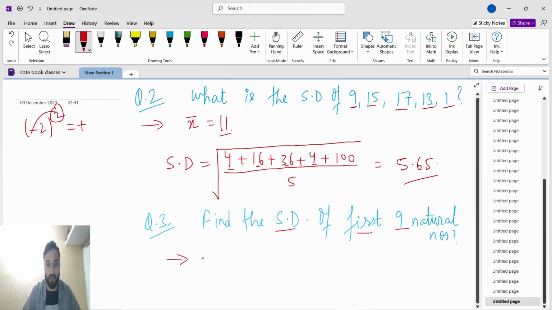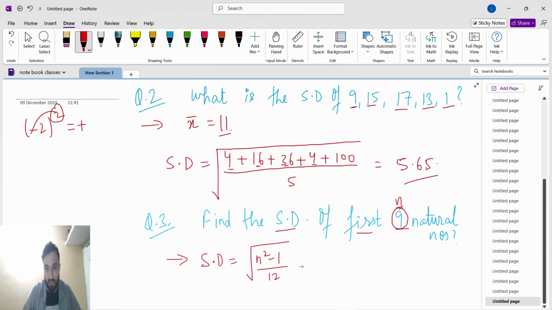Yes, we are going to use the formula for the standard deviation of first n natural numbers. So n is 9. The formula is square root of n square minus 1 by 12. N means 9. The 9 square is 81. 81 minus 1 is 80. 80 divided by 12. You are getting 6.66. Then square root. 2.58 is the correct answer. That's it.